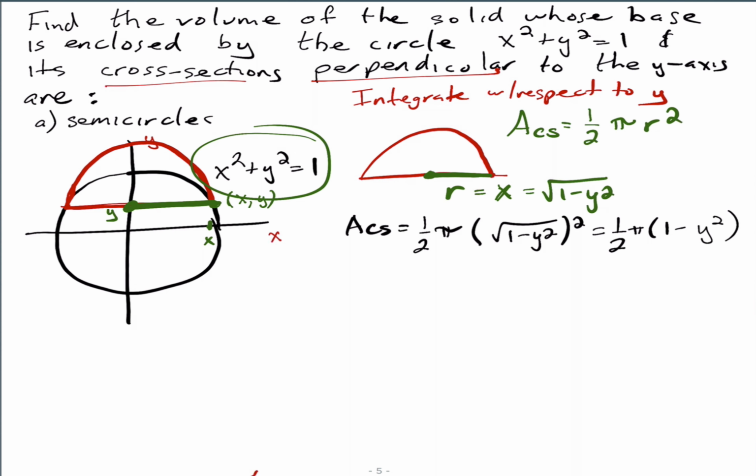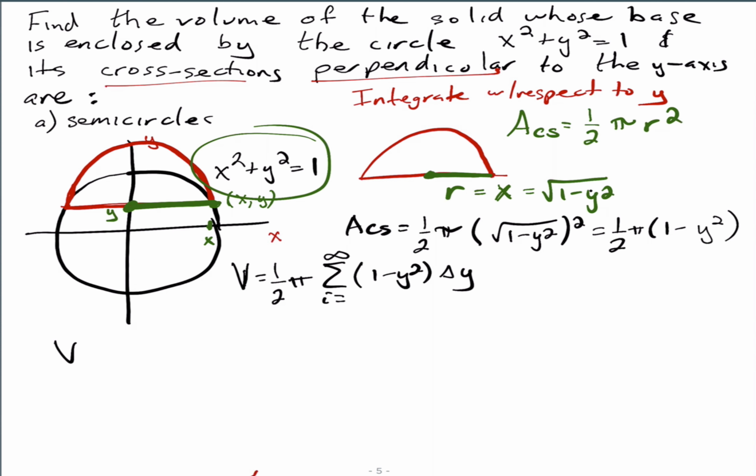So then, let's see here. What's the volume? Well, let's go here. Don't want to waste any space. All right, so the volume is the sum from 1 to infinity of what? Yep. So 1/2 pi times 1 minus y squared delta y.